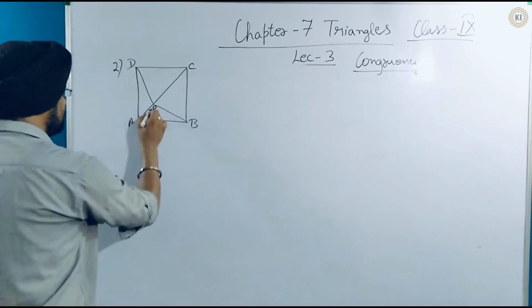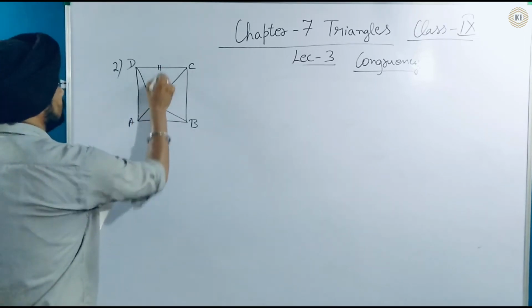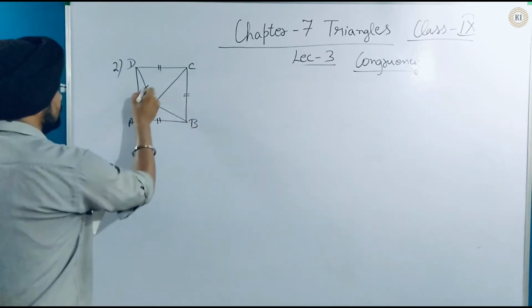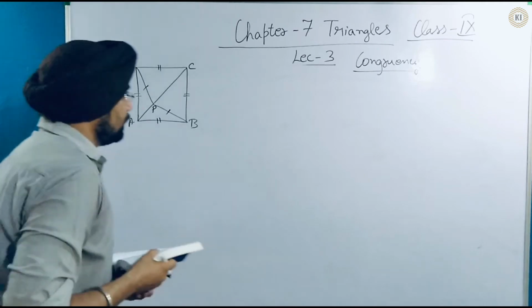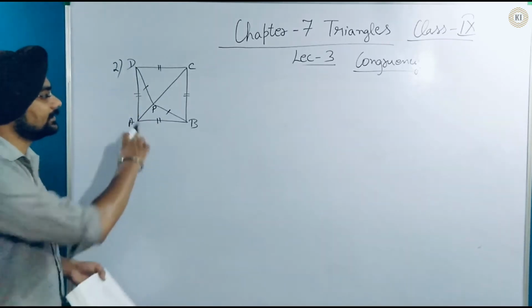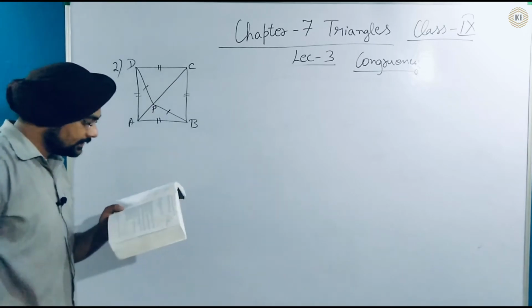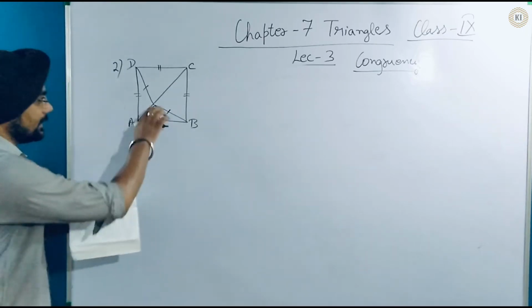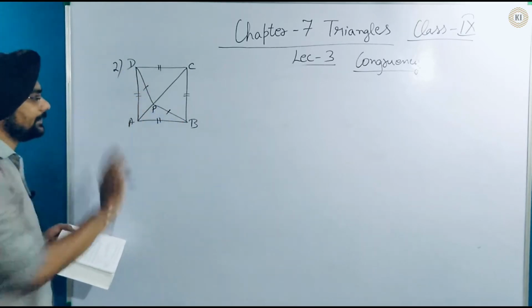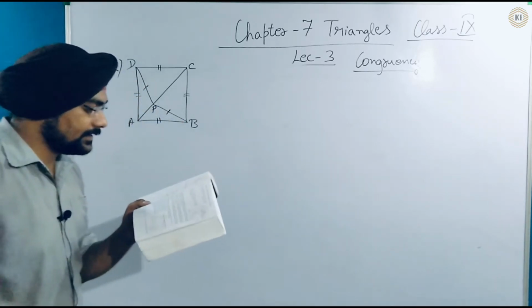This is point P. This angle, this side, and these sides are equal. This side is equal to this side. Now in this question it is saying that in the given figure ABCD is a square and P is a point inside it, such that PB is equal to PD. PB and PD is given equal.